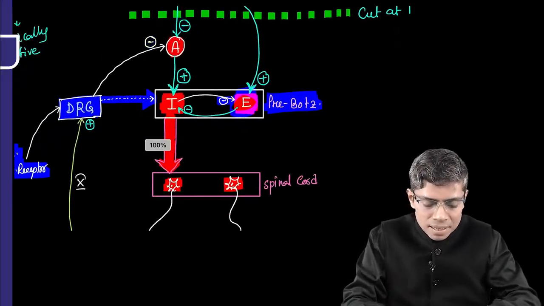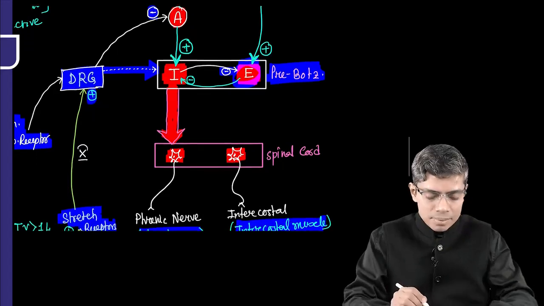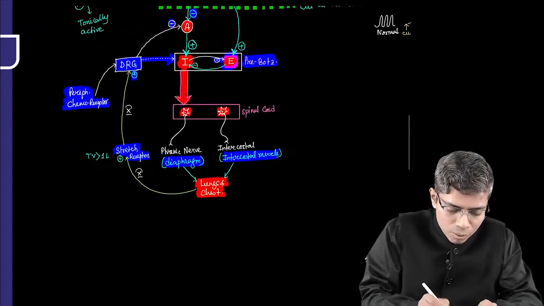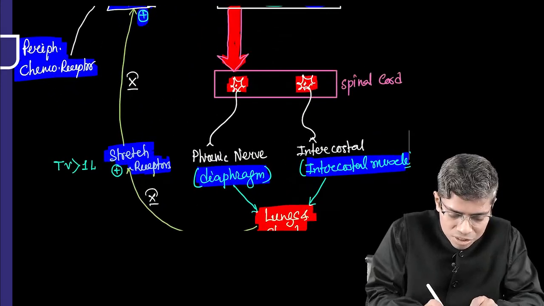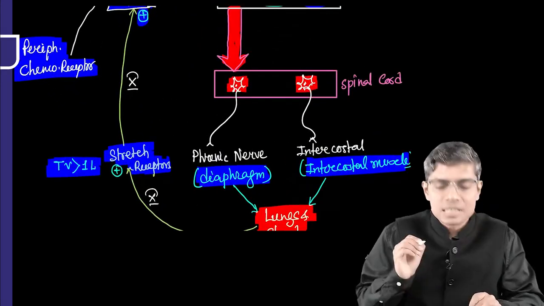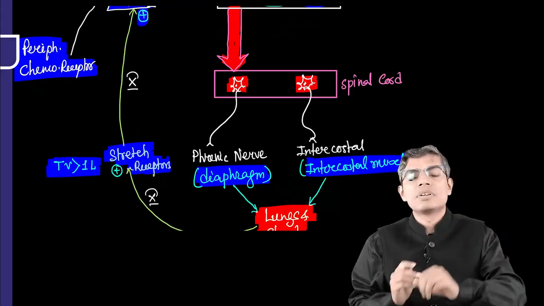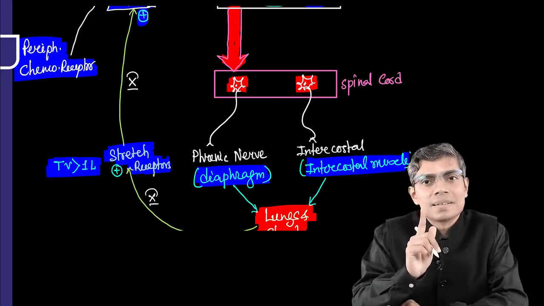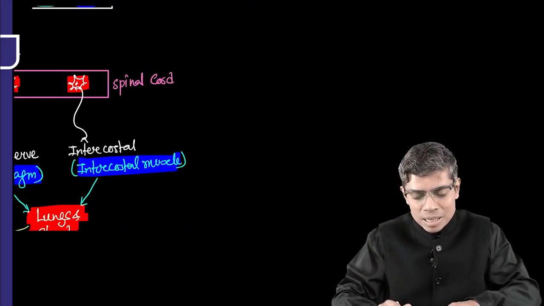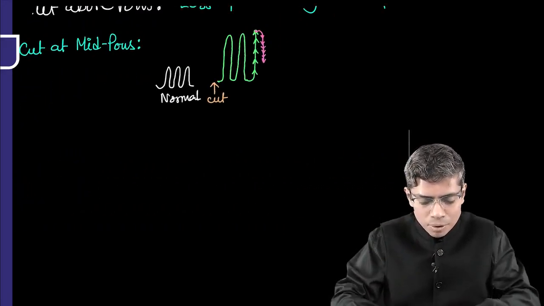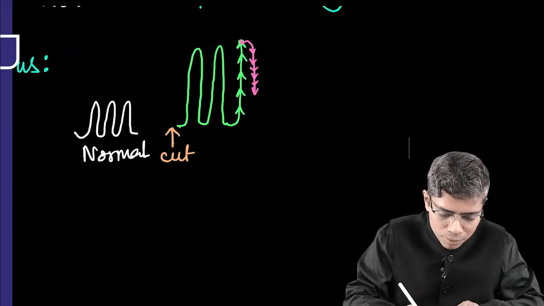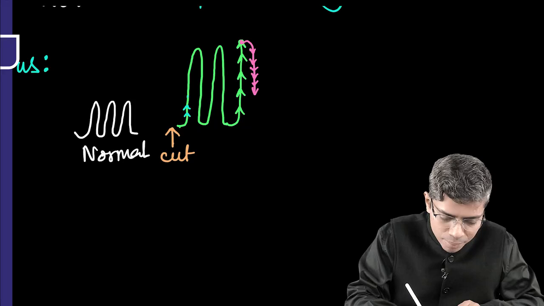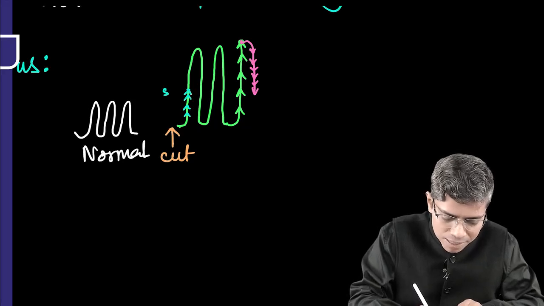But how will this vagus neuron be activated? The vagus neuron will be activated when your stretch receptors are active, and the stretch receptors are active when your tidal volume is greater than 1 liter. Getting my point? So whenever you give a cut at the level of mid Pons, your inspiration will be prolonged. Suppose this normal is 500 ml.